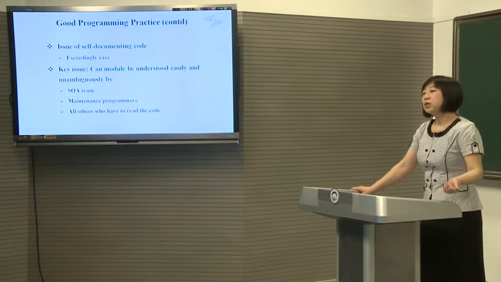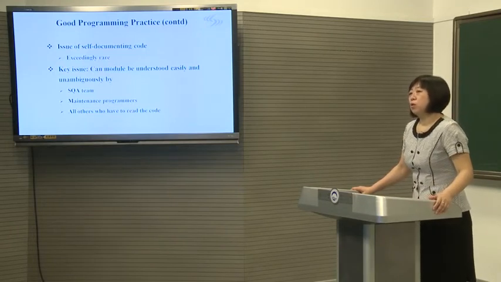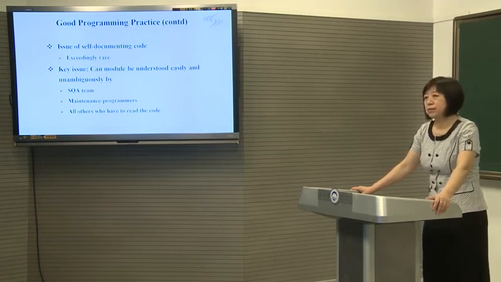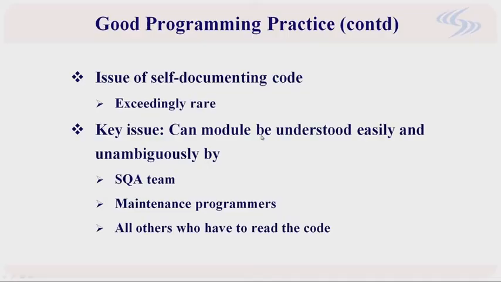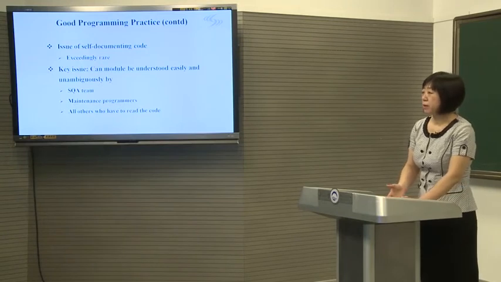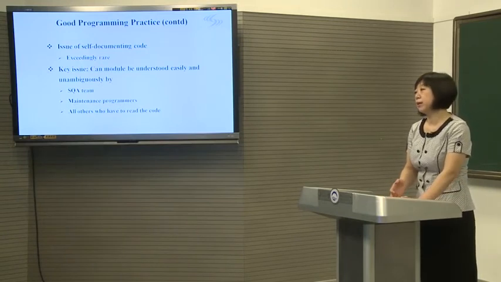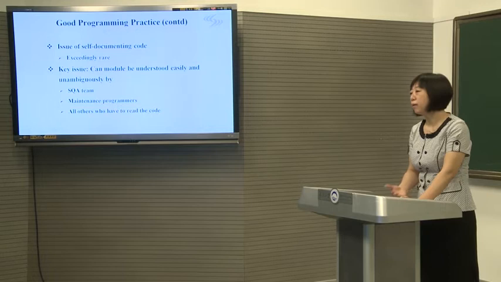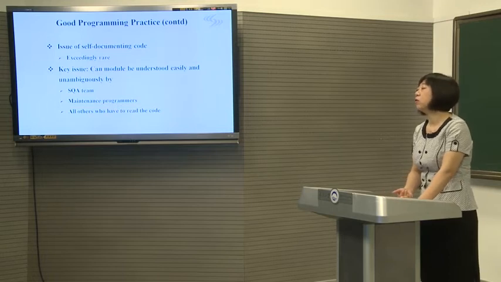Well, actually, the rule to decide whether the code is self-documenting or not should be this: can the module be understood easily and unambiguously by the SQA team and maintenance programmers and all others who have to read the code? So that means programmers and developers must make sure that their code can be understood easily and unambiguously by all the others who are supposed to read the code later.